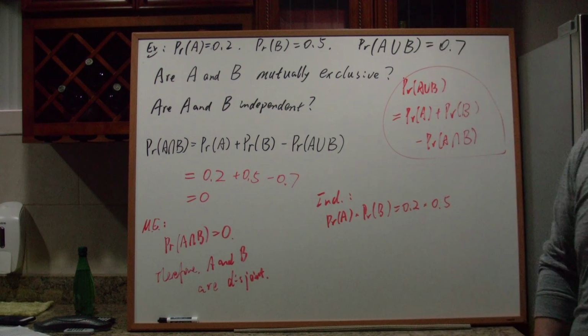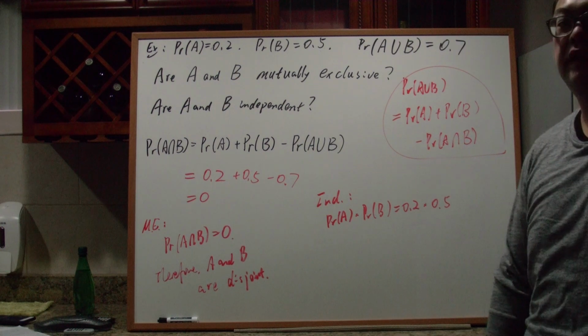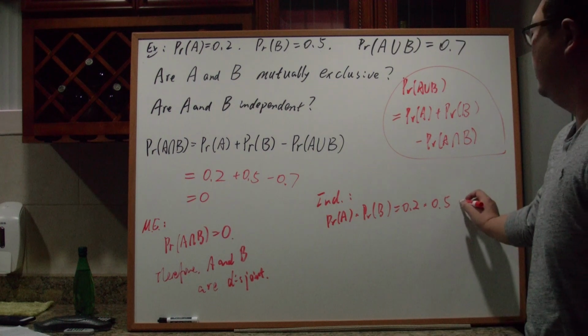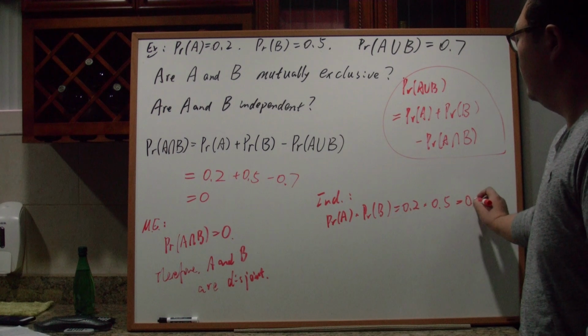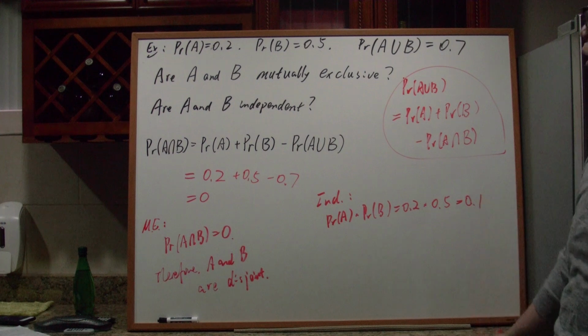Apparently it is not equal to 0. When you multiply 0.2 times 0.5, that is 0.1. It's like a half of 0.2, it's 0.1.